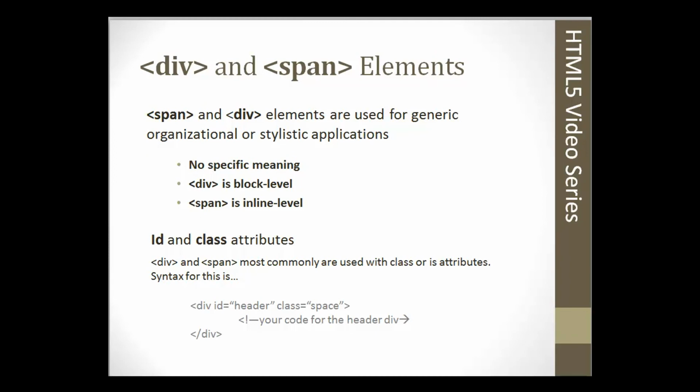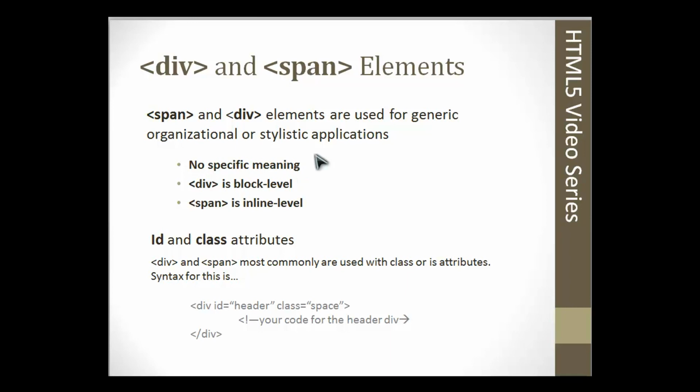Alright guys, so the div and the span elements are used in CSS to separate a certain block of code or a certain element, so you can apply your own style to it. Div and span have no specific meaning. Say you have an H1 tag. Whatever you put in the middle of the H1 tags is going to be a heading, and the text will increase.